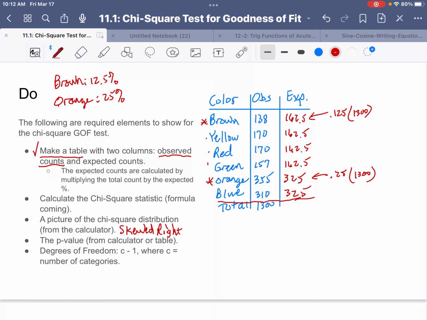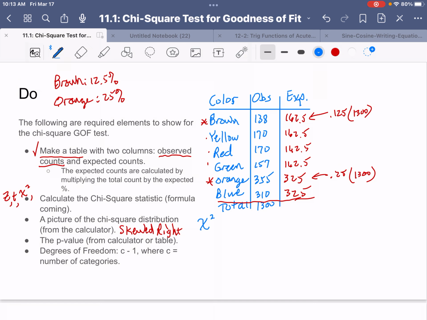We have the Z score and the T score for the 1 prop Z, the 2 prop Z, the 1 sample T and the 2 sample T. Now we're adding a chi-square to our list of statistics that they have us calculate. So how do we calculate chi-square? Well, it's quite the formula.